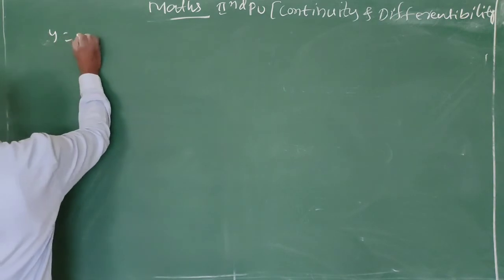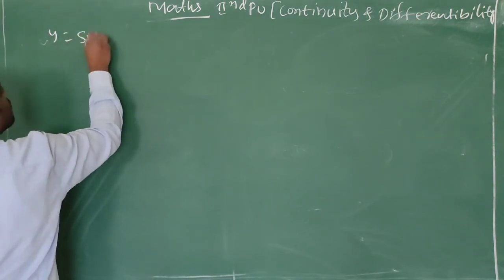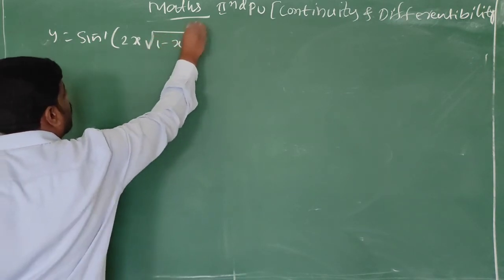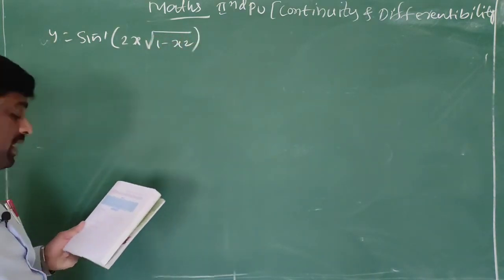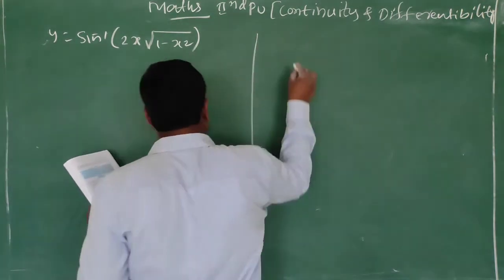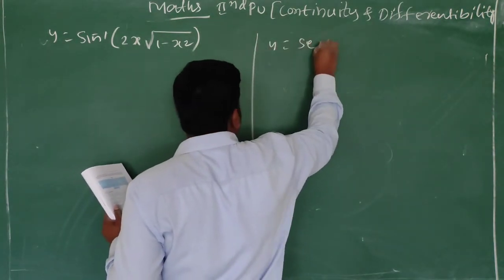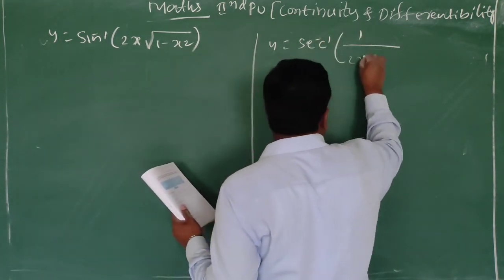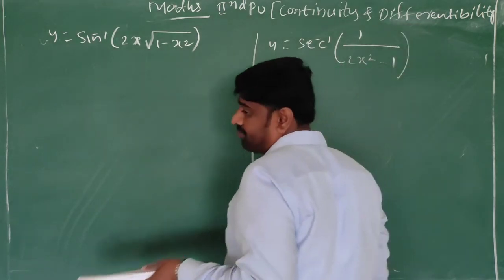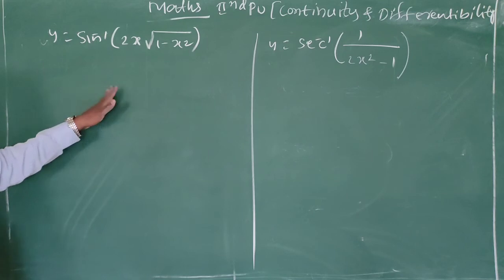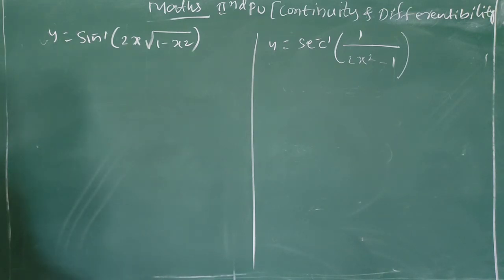so y is equal to sin inverse of 2x into square root of 1 minus x square. All these problems are very, very important. You have to find dy by dx.